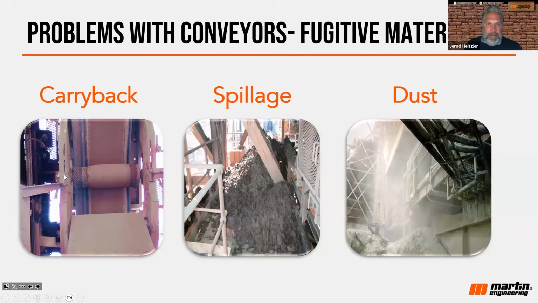What I mean by that is the cost to resolve those two problems is incredibly minimal compared to the cost of reacting to those problems. So if you're living with spillage, you're living with carryback, make sure you dive into those performance components to prevent those. The third is dust.